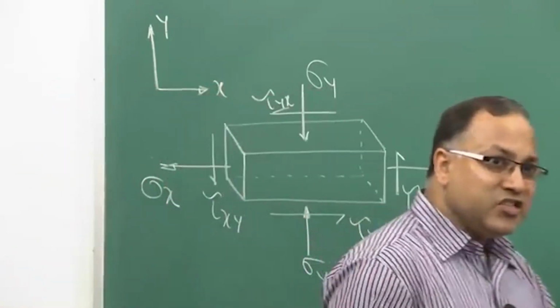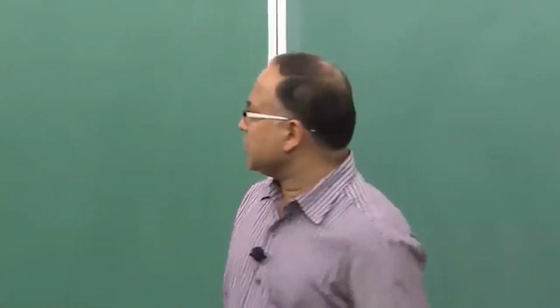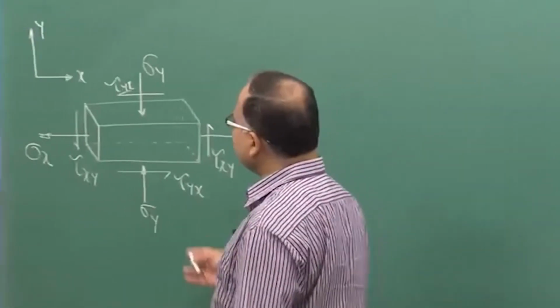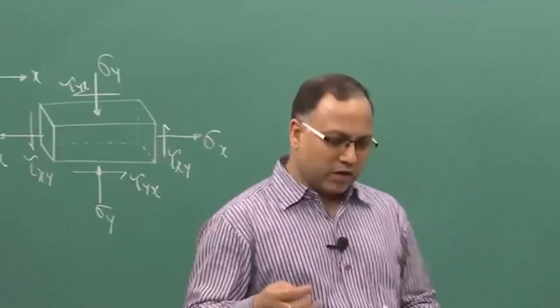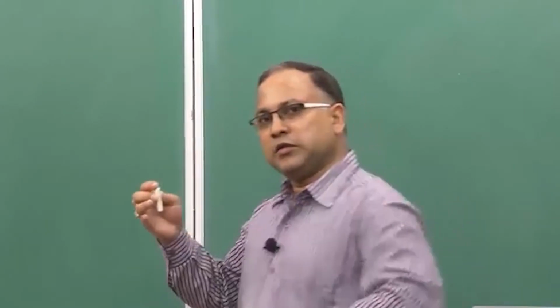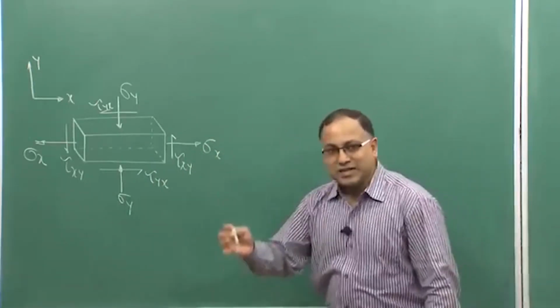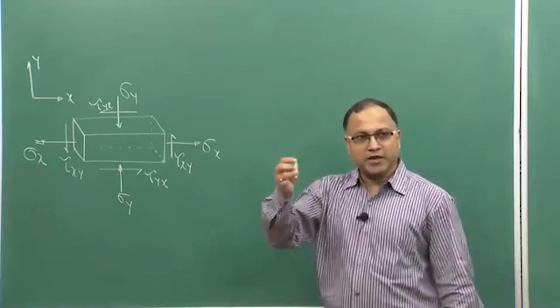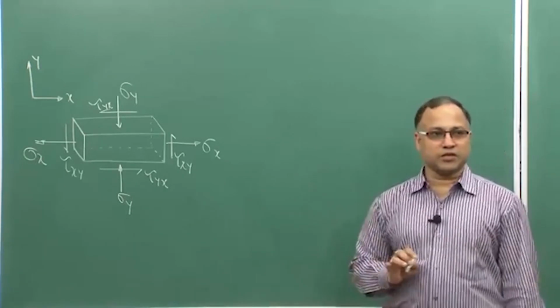So if I pull a thin sheet, there is no variation in the z direction stress. The z direction stress is not coming into the picture. Whatever stresses you are getting here are planar stresses, that means the stresses acting in the xy plane will be coming into the picture.